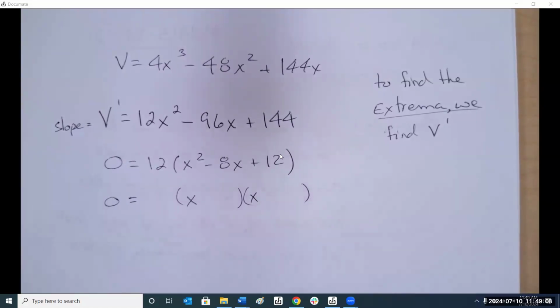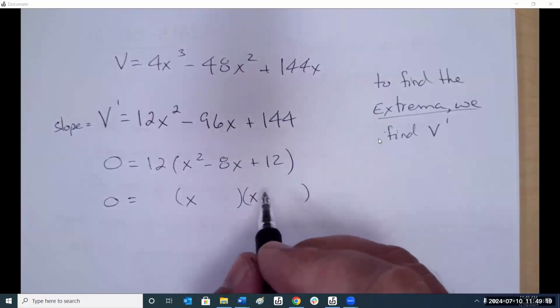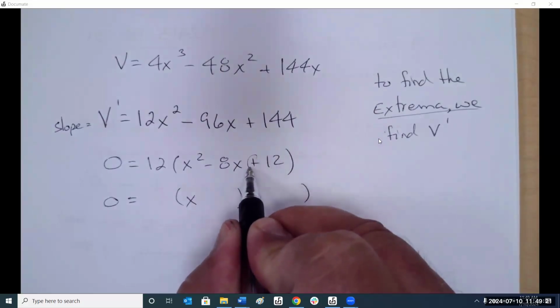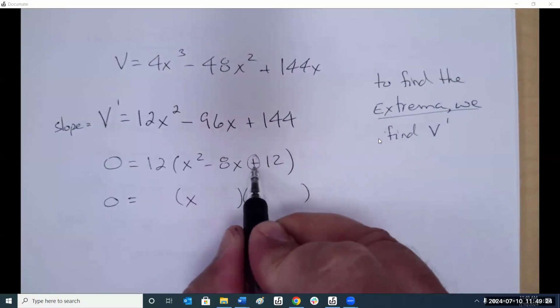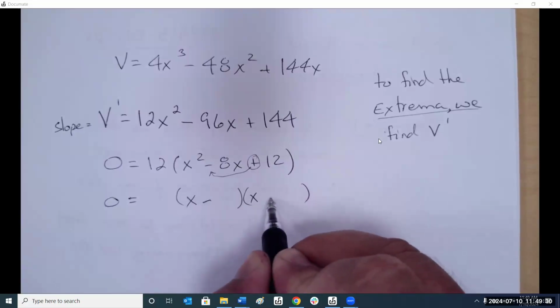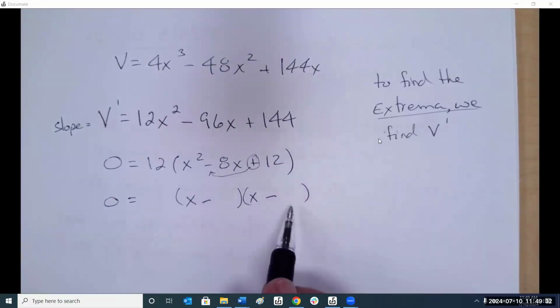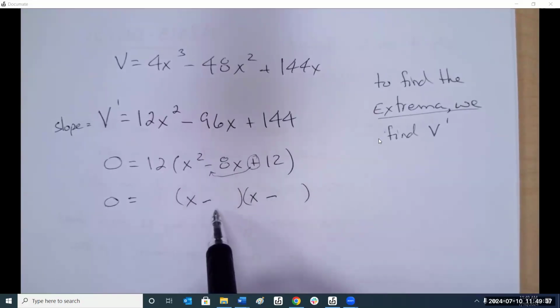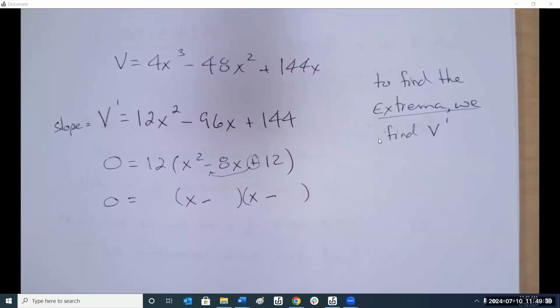What are the signs going to be? To determine the signs here of factoring, look at the second sign. If it's a positive, it has to be the same sign. It's whatever the first sign is. They're both minus, because a negative times a negative is a positive. Positive times positive is a positive. So whatever the first sign is, it has to be inside there.